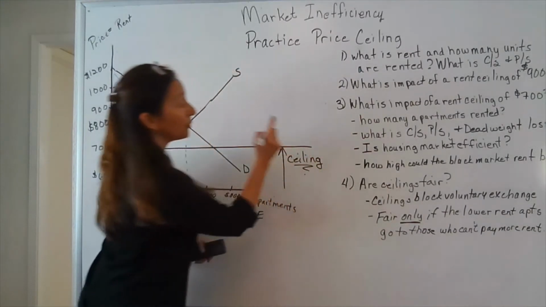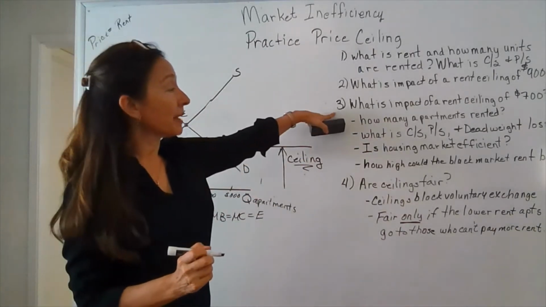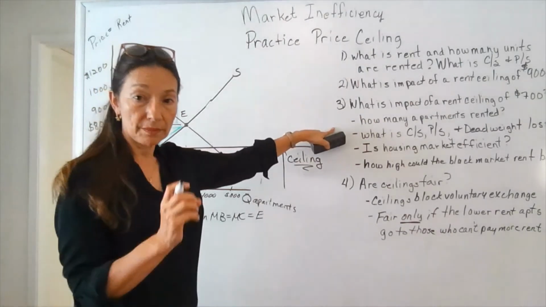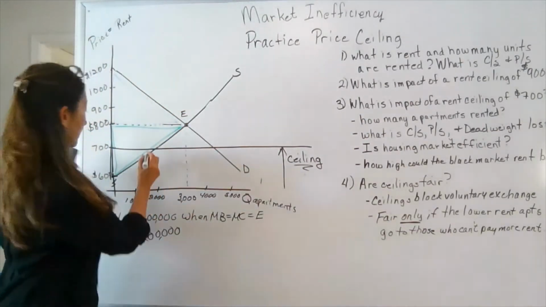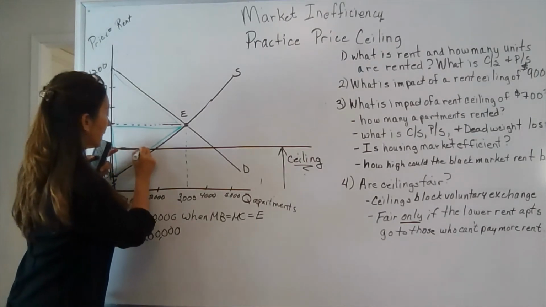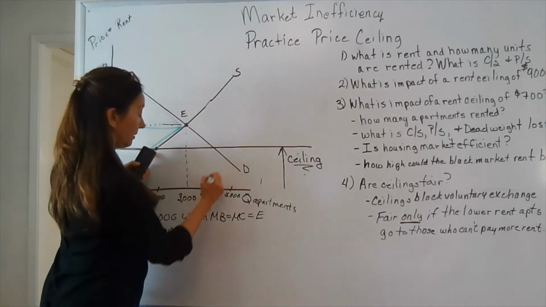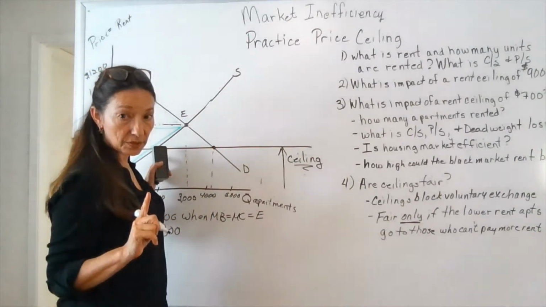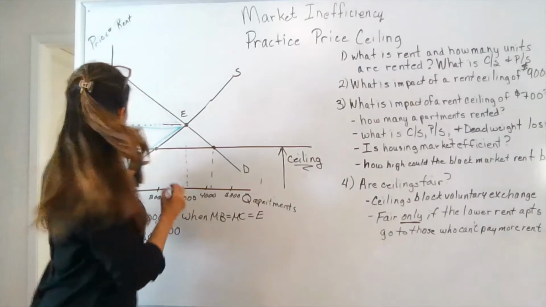Okay, now you are asked, what is the impact of a rent ceiling of $700? How many apartments are rented? So demanders at $700, we want to hit the demand curve. So we would like to rent 4,000 units, but we can't rent 4,000 units because they're not available.